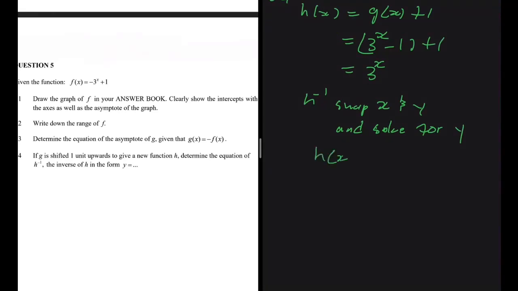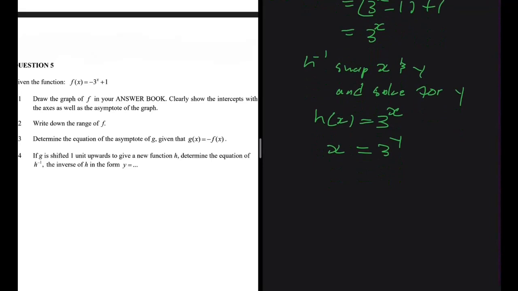So now we know that h of x is equal to 3 to the power x, right? If we swap x and y, we get x equals 3 to the power y. So now we're just solving for y. But how do we do that? We have to introduce log on both sides. So log of x equals log of 3 to the power y.